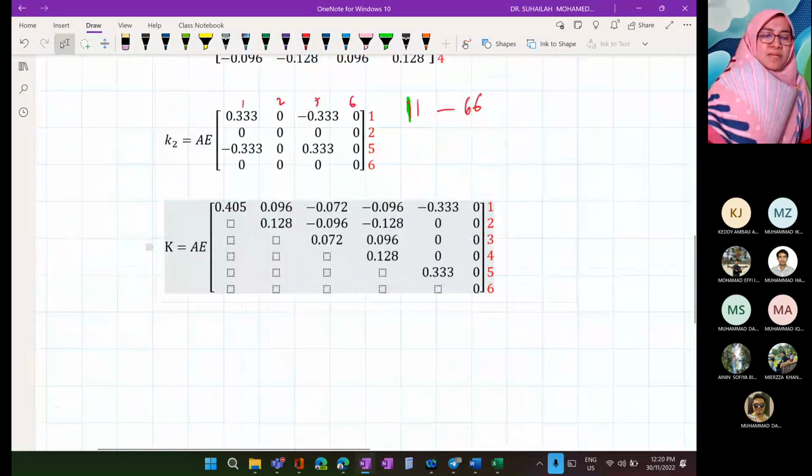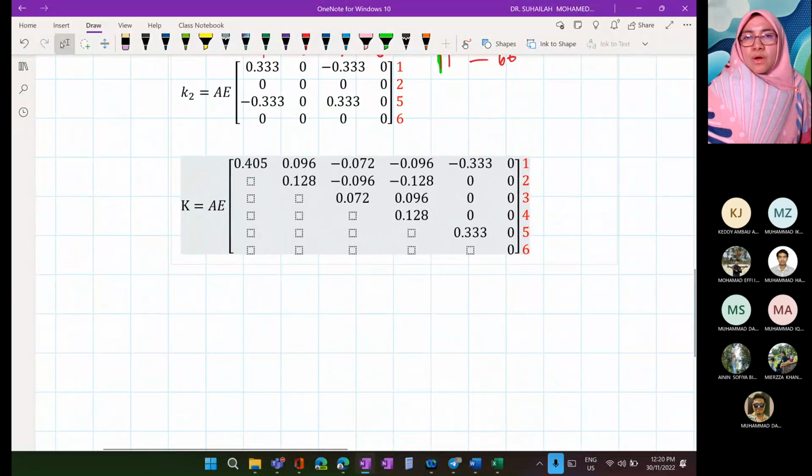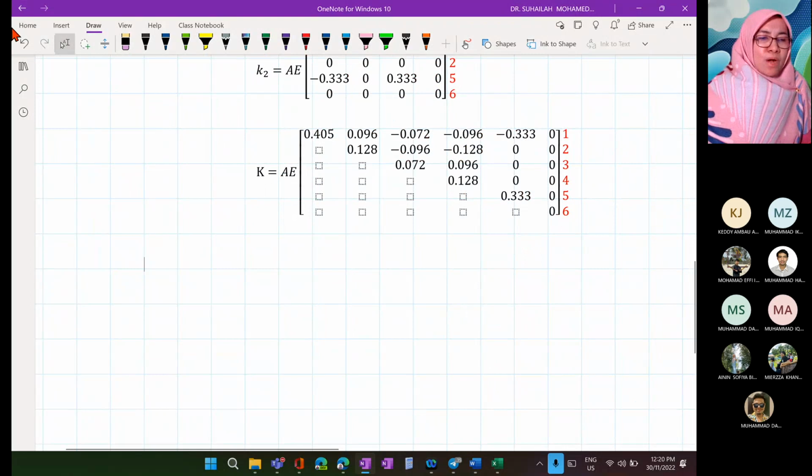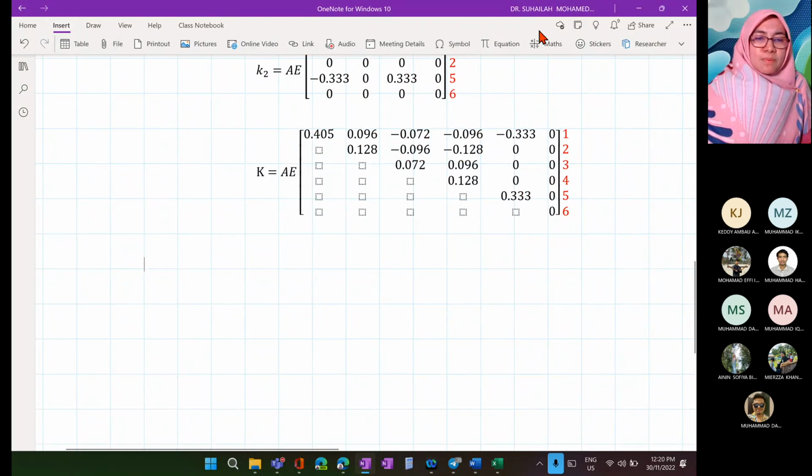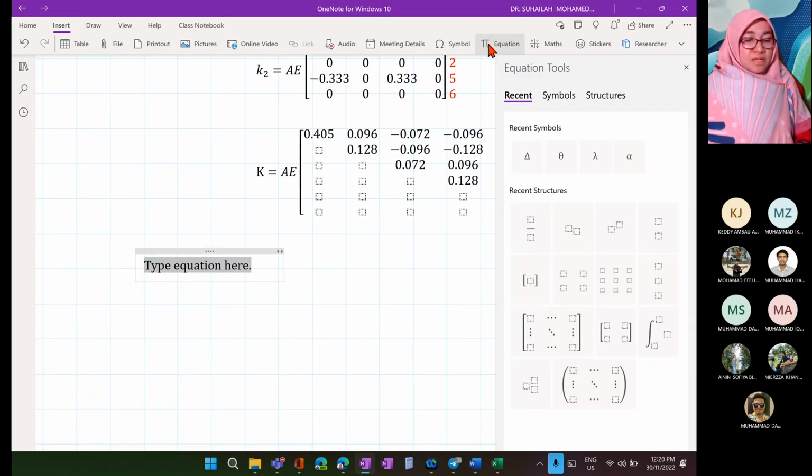Okay, so next we will apply what we call the force displacement equation, or stiffness equation.